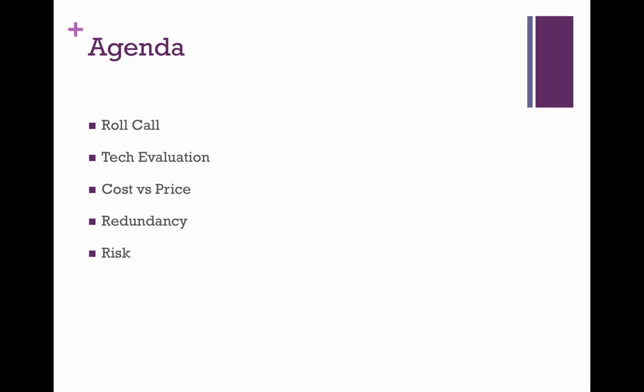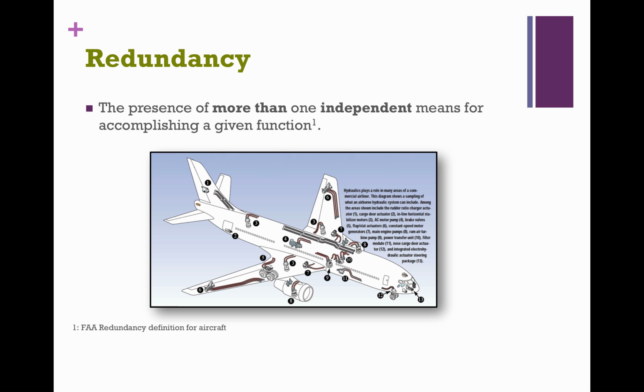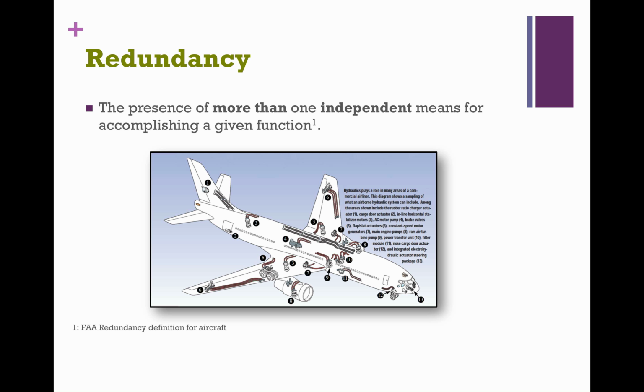So the first thing we're going to talk about is the concept of redundancy. I know everyone here has heard the word, so I'm going to assume that, but let's go a little deeper. What does it actually mean? Actually, let's look at this diagram. This diagram of a plane is a great example of redundancy.